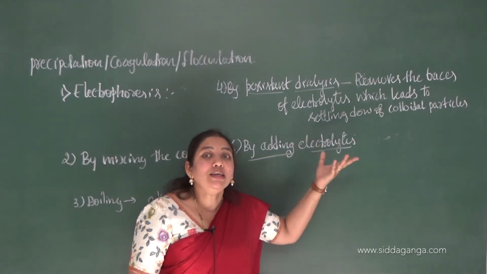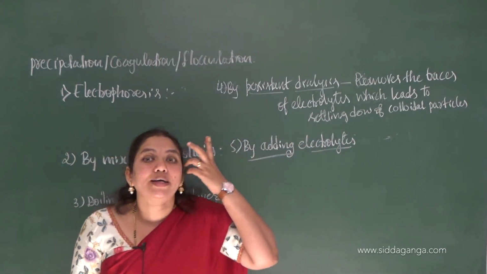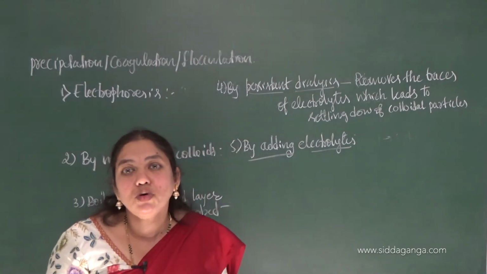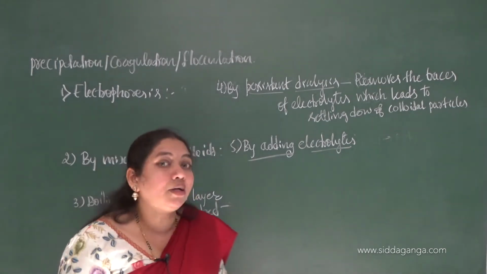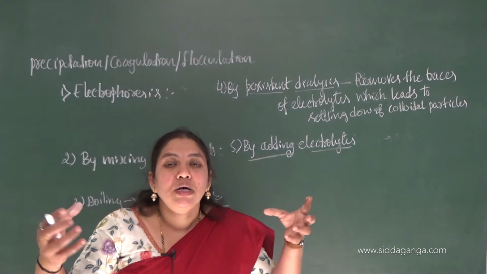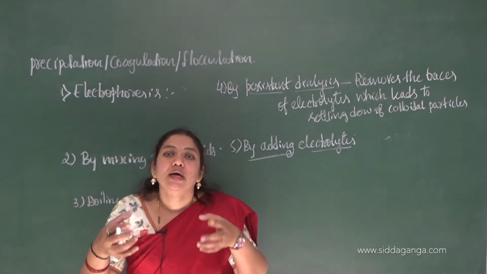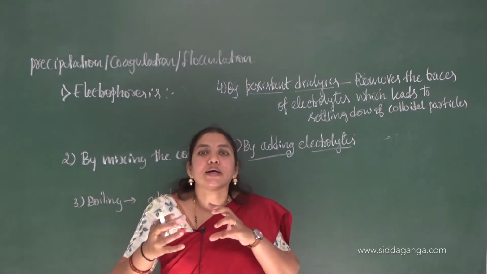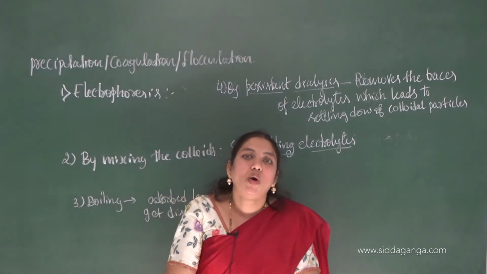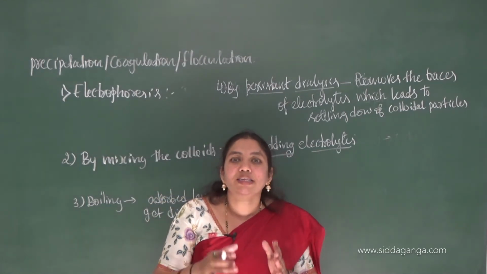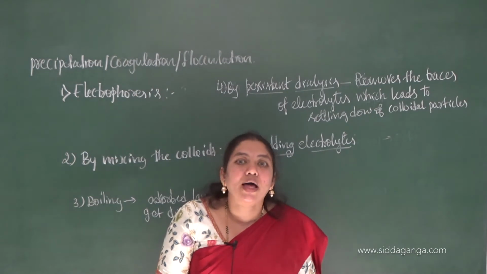But if you increase the concentration of those electrolytes, or increase the percentage of those electrolytes in the colloidal solution, what happens? The oppositely charged electrolytes and the colloidal particles will attract each other, leading to what? Precipitation, or you can say the flocculation of the colloid, right?